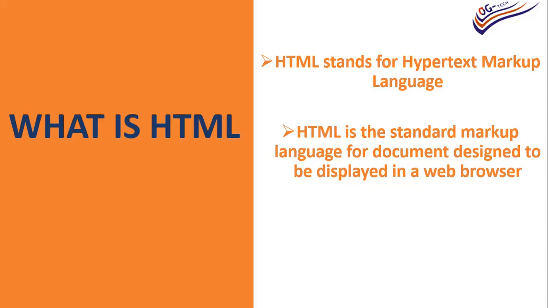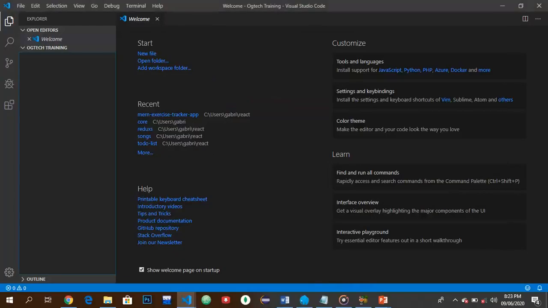So I will move straight to my text editor. I'm going to be using Visual Studio Code for this training. Initially today I told those of us using a PC to install Visual Studio Code on your system. But I'm sure most of us are using smartphones.